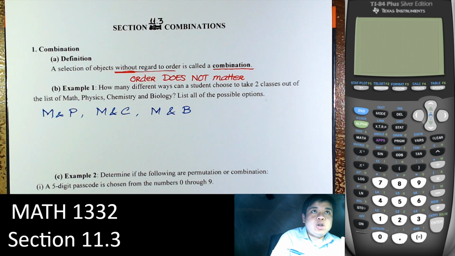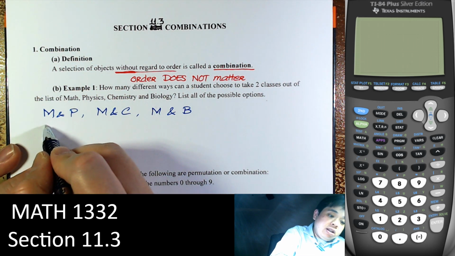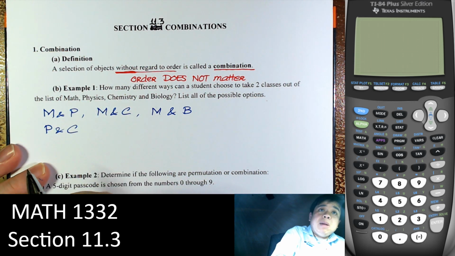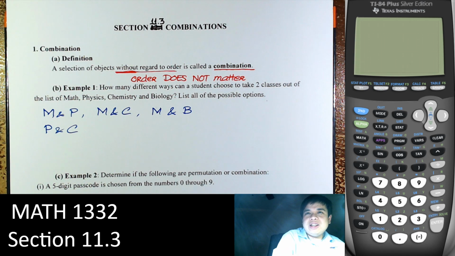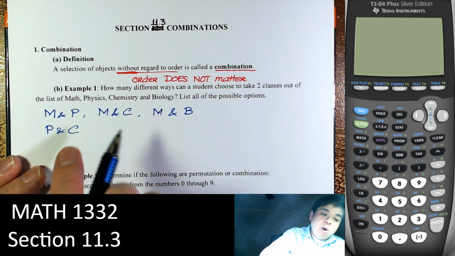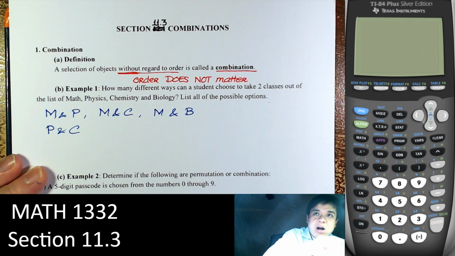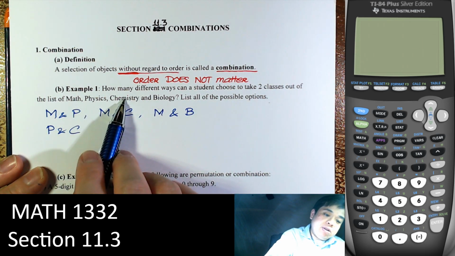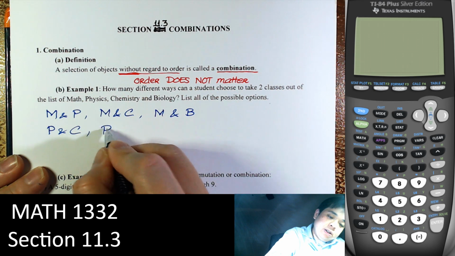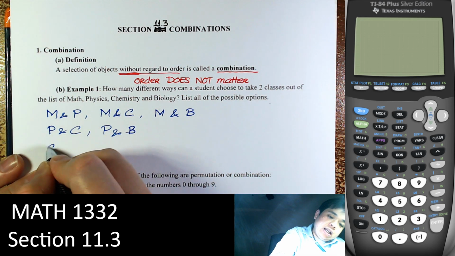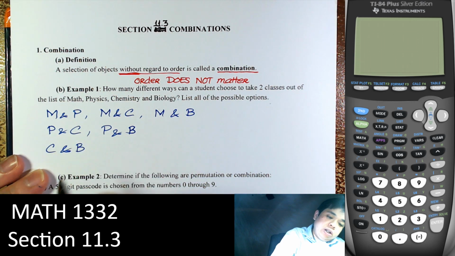Next, if you don't want math, you can start with physics, and we choose chemistry. By the way, physics, chemistry, or chemistry, physics, same thing. So that's why we only go forward. Like math, physics, math, chemistry, math, biology, I don't want to go back. So physics, chemistry, and physics, biology. And then chemistry and biology.